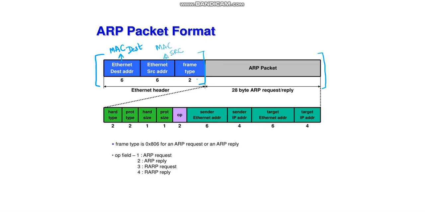And this is the frame type, which says whether you are sending an ARP packet, IPv4 or IPv6, etc. So this defines the protocol of the payload which is present here. Now in this case the frame type will be ARP because we are sending an ARP packet. So we also have the MAC address of the destination and the MAC address of the source, which means this is part of the layer 2 packet.